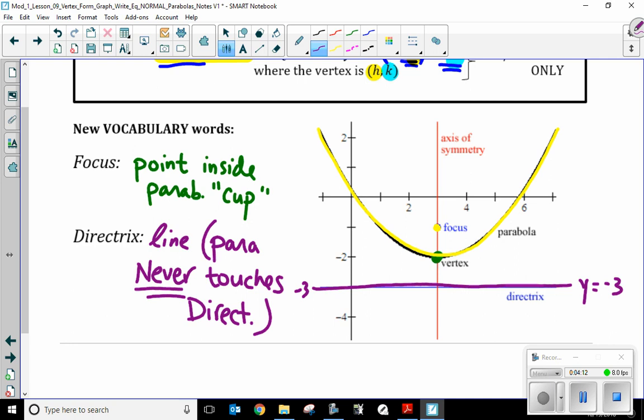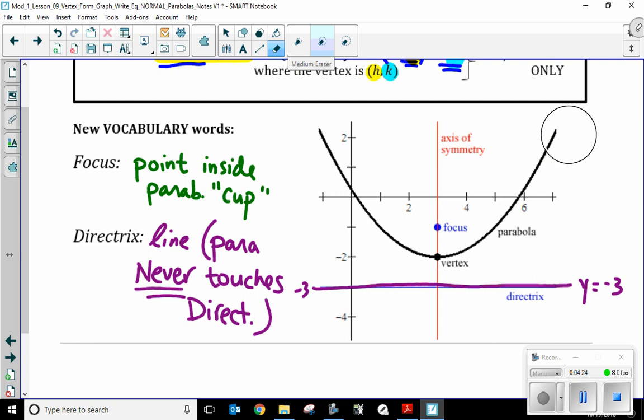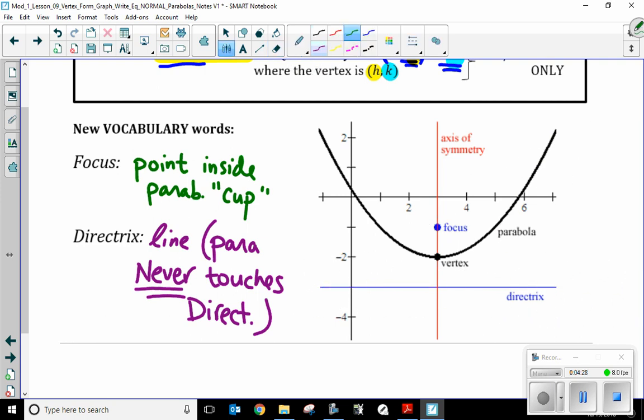Okay, that's fine. Now, Mr. Visca here just said, and I will do this in green, my parabola should never cross the directrix. So if I erase all these marks I did right here, I see the blue line here is my directrix. And the focus is also this big blue dot right here.